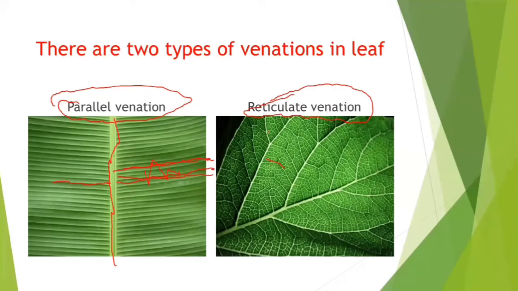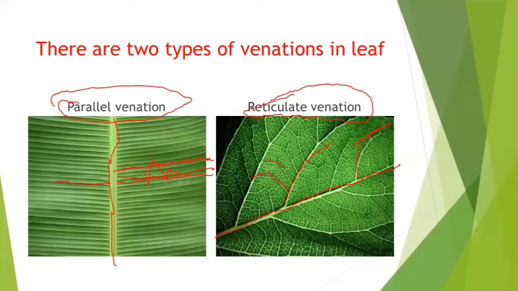Now reticulate venation also has one midrib. Then it has veins in any direction, in a curvy direction upwards, and then more small veins coming from them and attaching to other veins. They all form a network-like thing with each other, and this is called the reticulate venation.